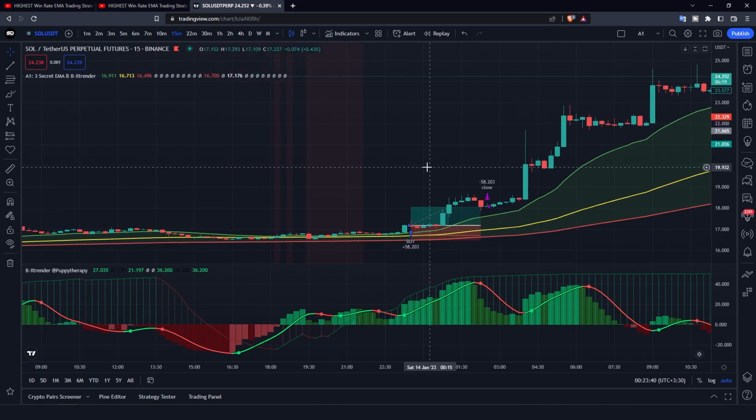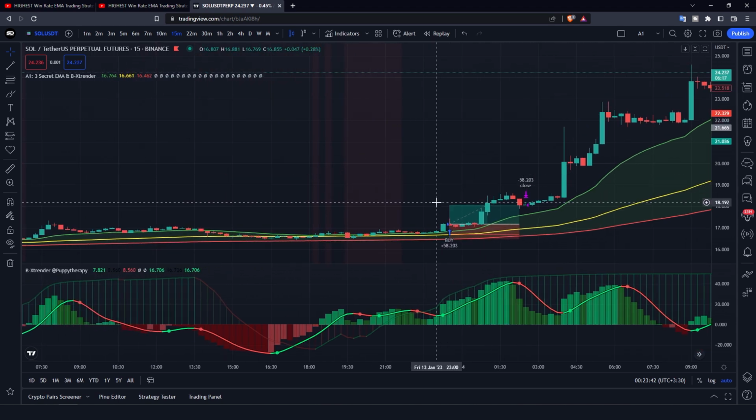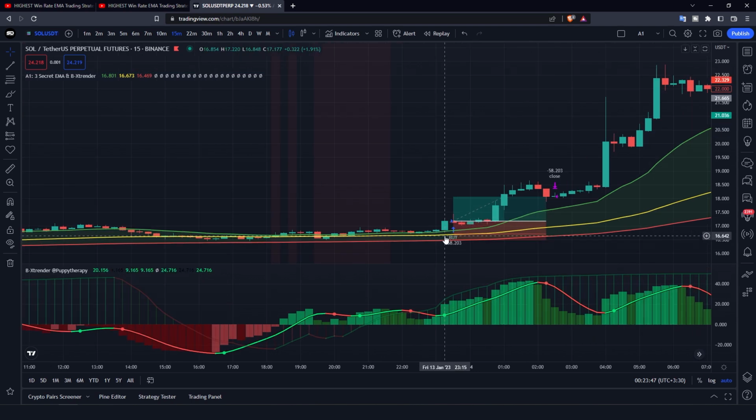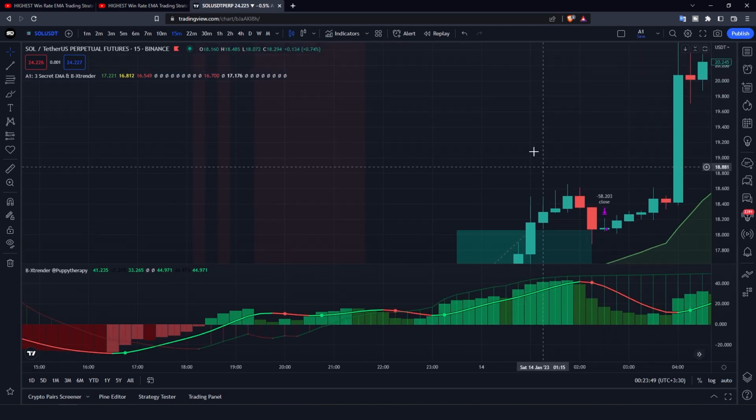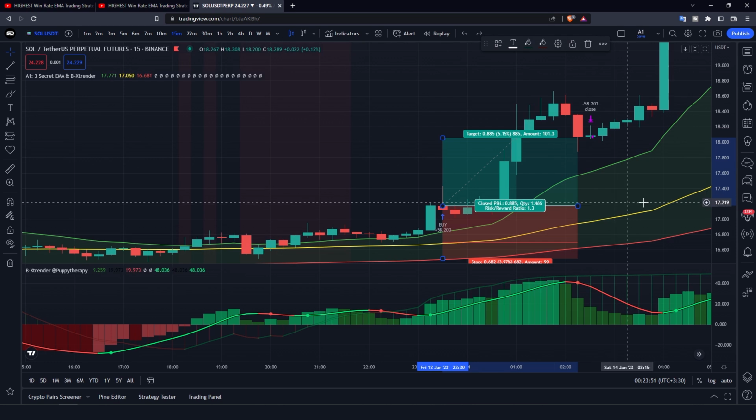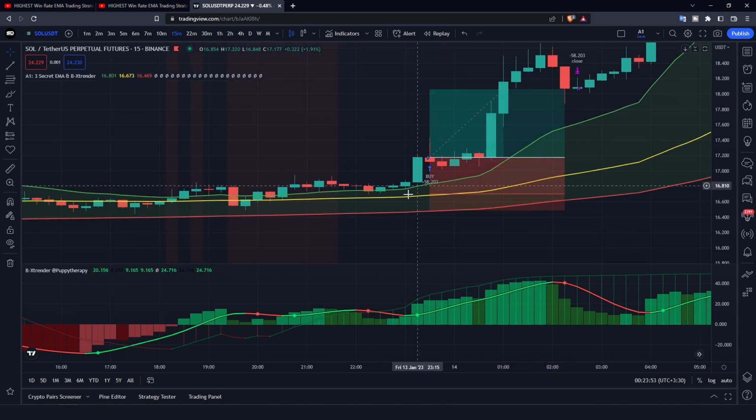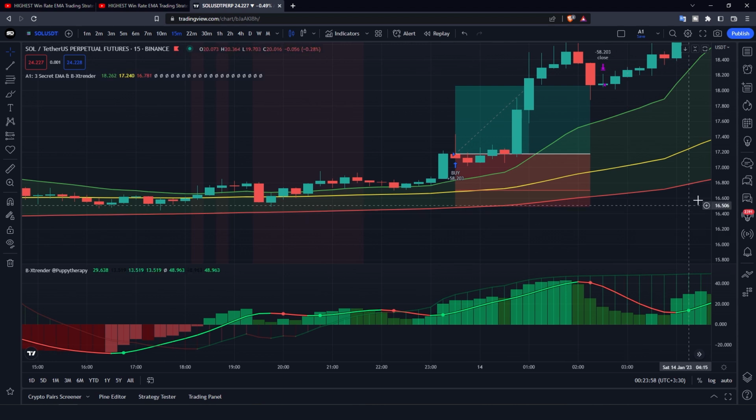What exactly we need is here. The first EMA should be above the third EMA. I will show you more clearly here. The first EMA should be above the third EMA.